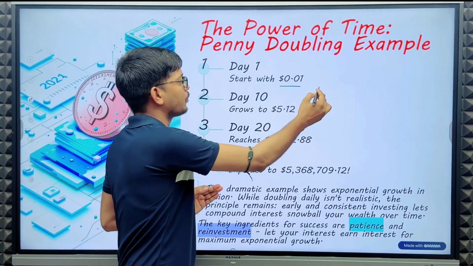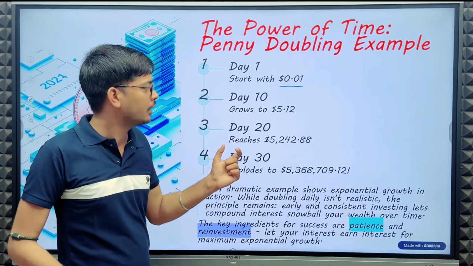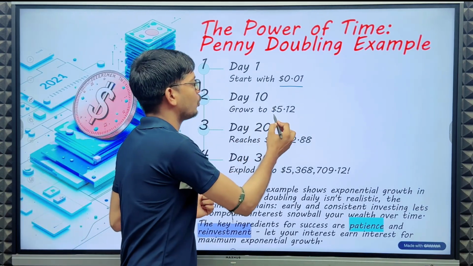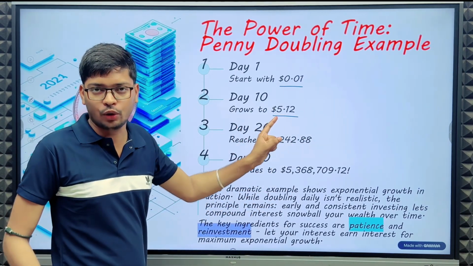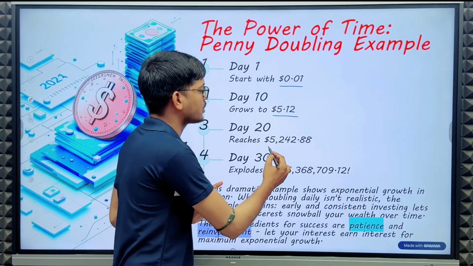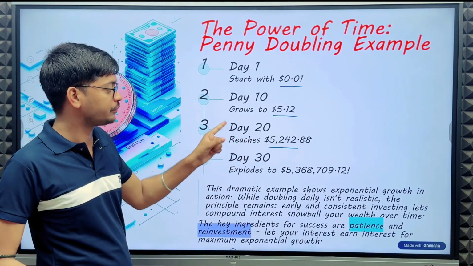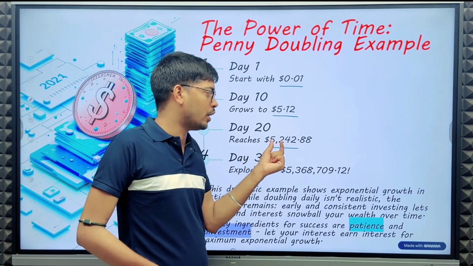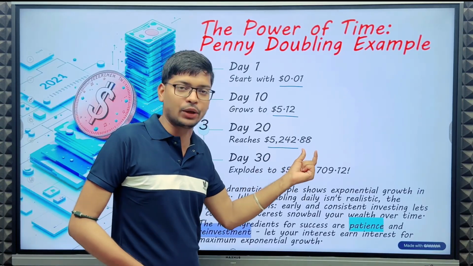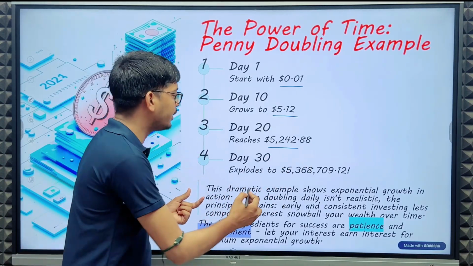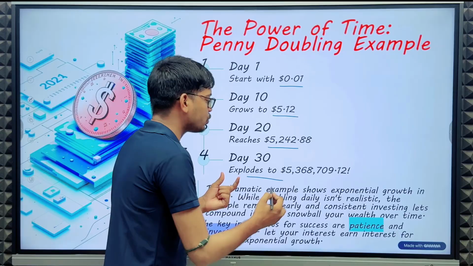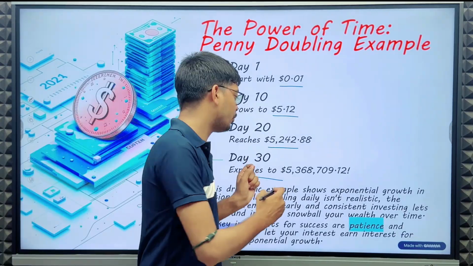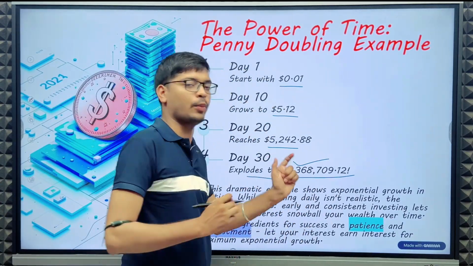One day start with $0.01, and in 10 days it grows to $5.12, and in 20 days it will be $5,242.88. Okay, and in 30 days it explodes to $5 million. You can easily get this kind of amount.